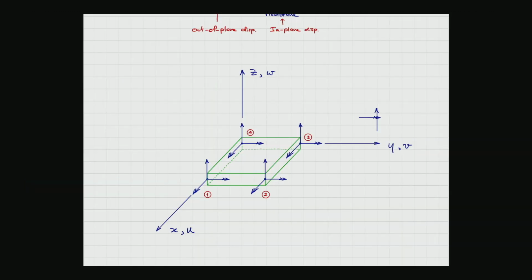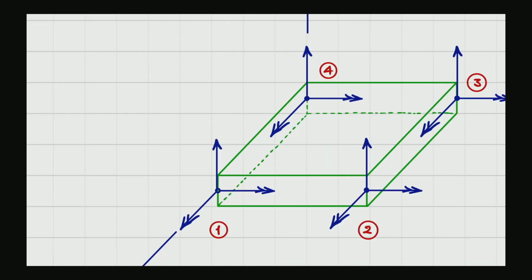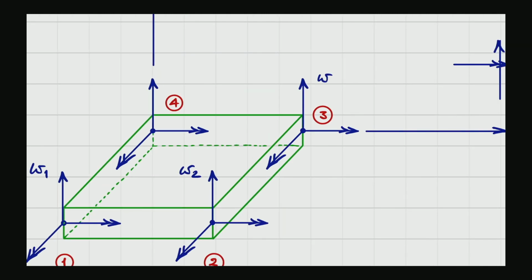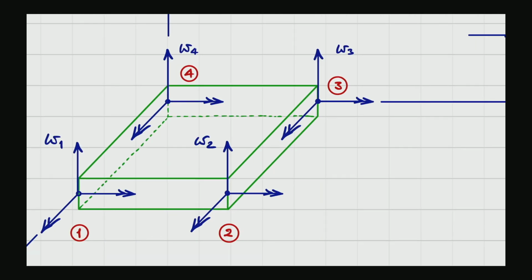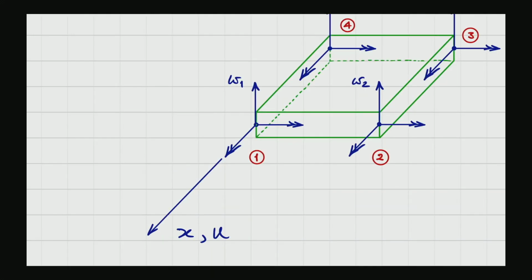Each of them, we're going to call the degrees of freedom in the following: W1, W2, W3, and W4. And then the rotation, how we call the rotation.